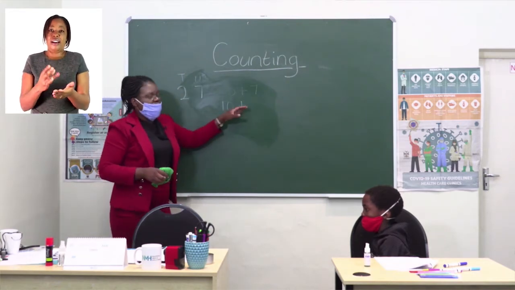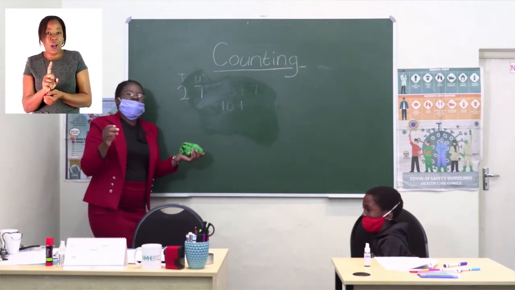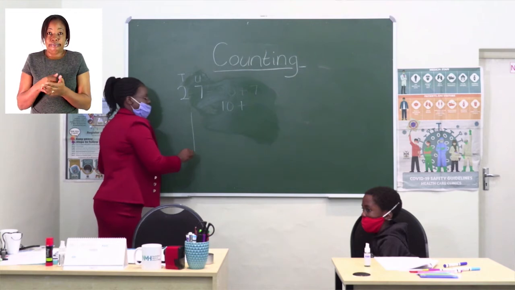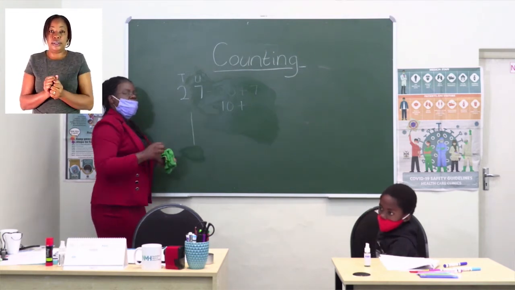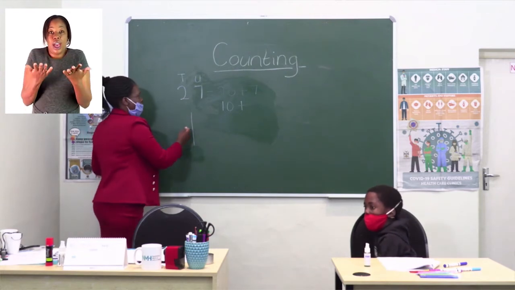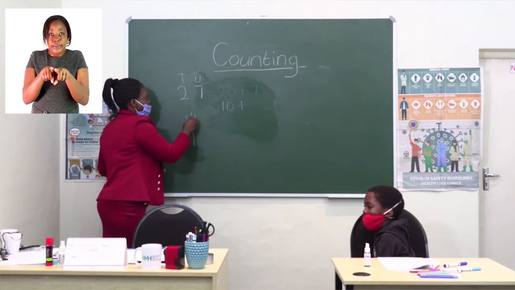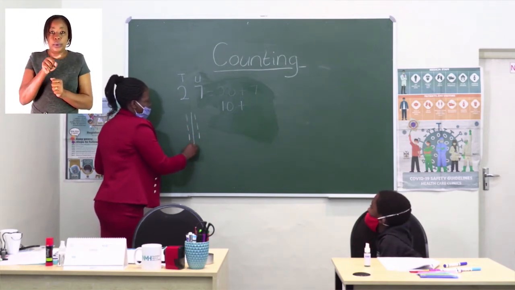So a 7 will give us a bit of a challenge. Remember how you can do it with that number. You can draw your line to make a half. This is a half. So you count your 7 and see how many will be on each side. So I'll be counting 1, 2, 3, 4, 5, 6, and 7.